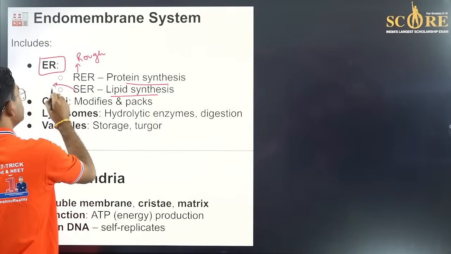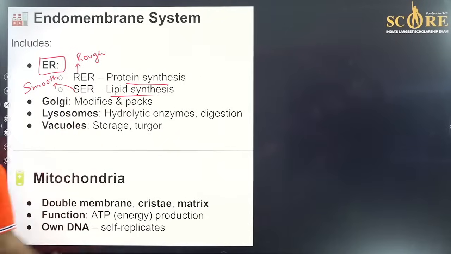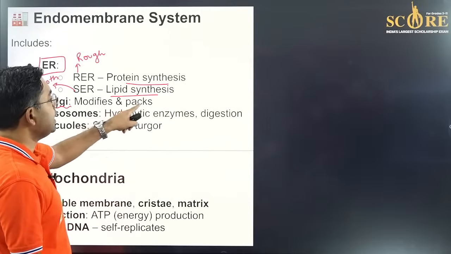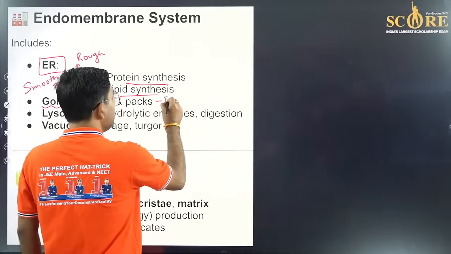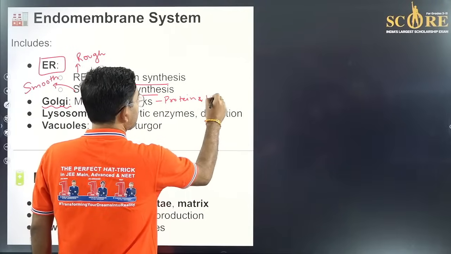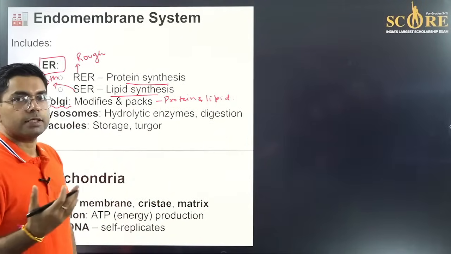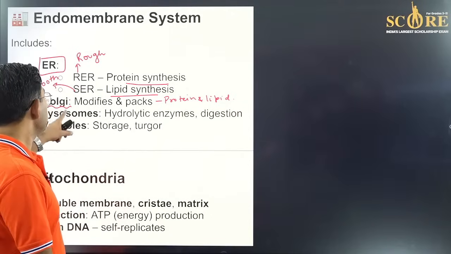S for smooth. Smooth endoplasmic reticulum, lipid synthesis. Then Golgi body. So Golgi body modify and pack protein and lipid. So packaging and modification is the work of Golgi.